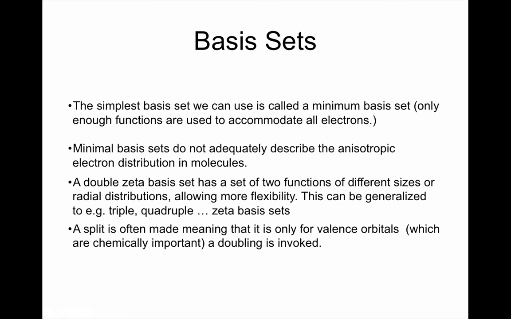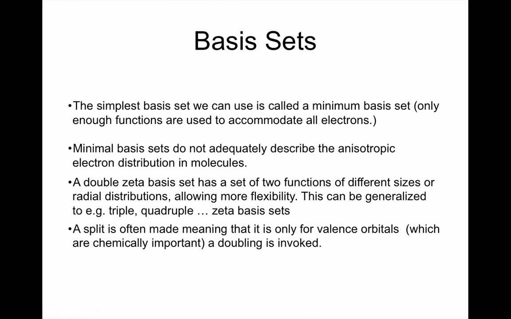Now if we look at specific basis sets for atoms or molecules, then we define the simplest basis set that we can use as a minimum basis set. This is a basis set that contains only enough functions to accommodate all the electrons.